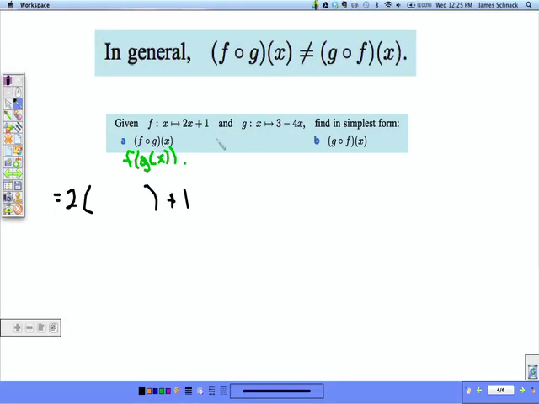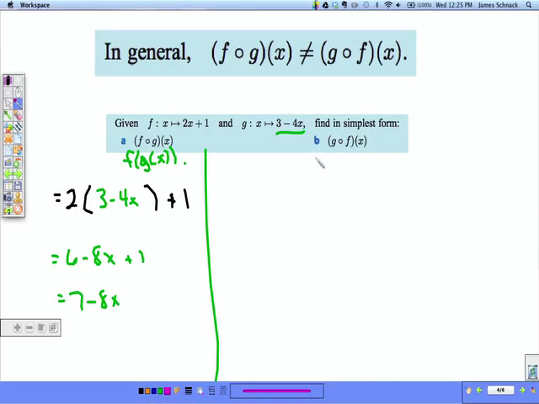Now what's coming out of the g machine? That's what gets put into here. So we're putting x in, and what are we getting out? We're getting out 3 minus 4x. So that thing is right here. And now we can simplify. Seven minus 8x.